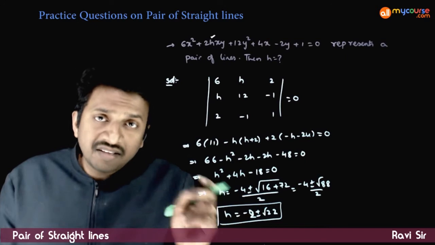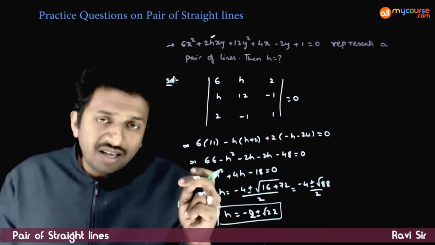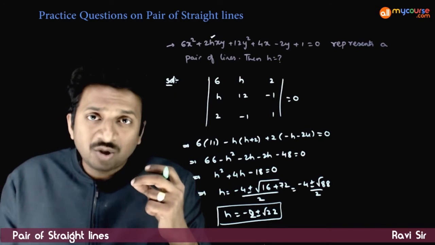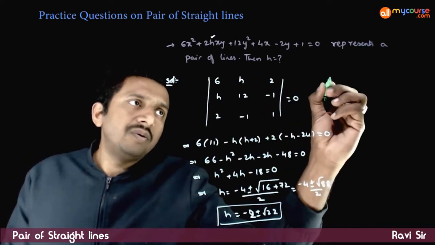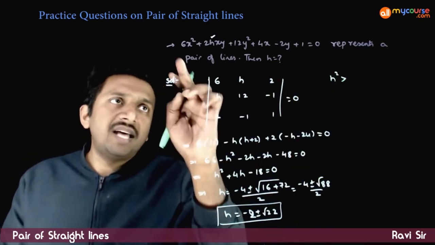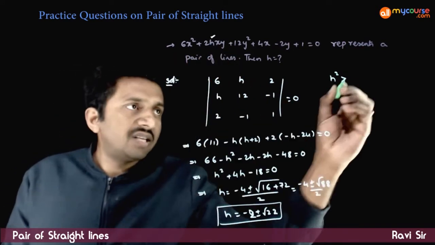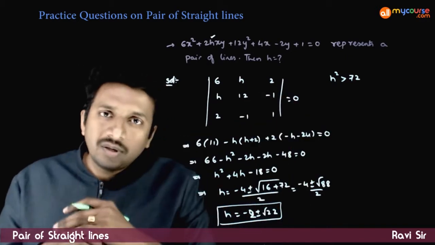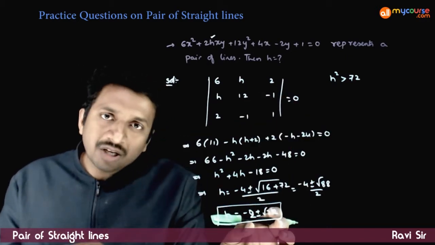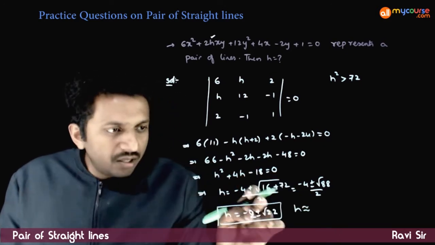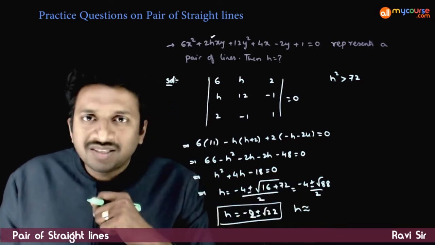But the other condition which needs to be valid is h square greater than ab for the lines to be real. So h square has to be greater than a into b, which is 12 into 6, 72. If you see the approximate values of h, root 22 is something like 4.7.